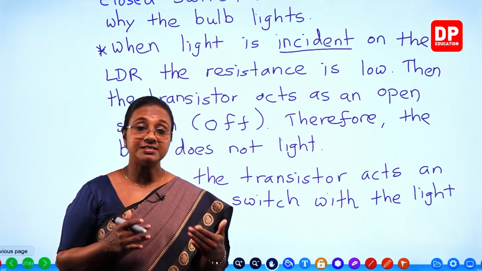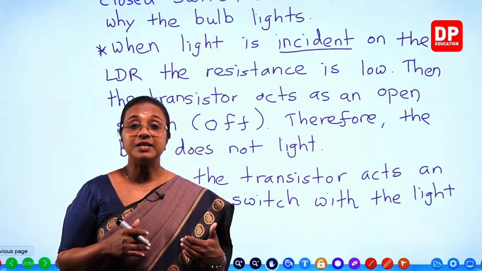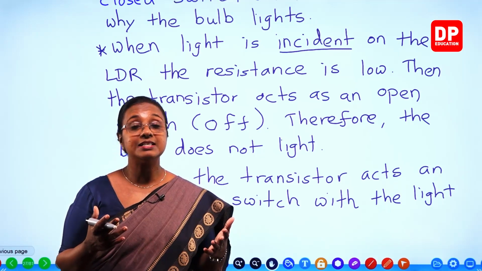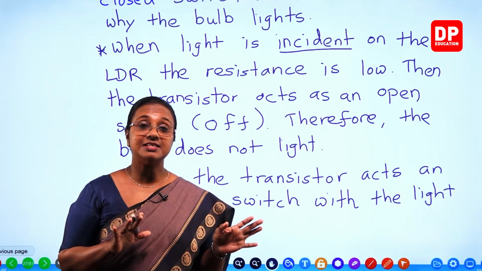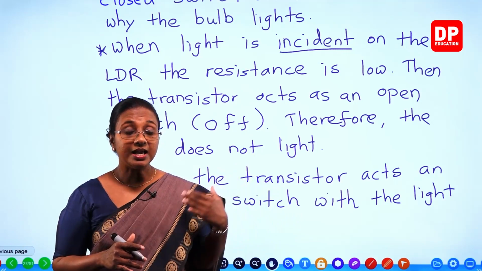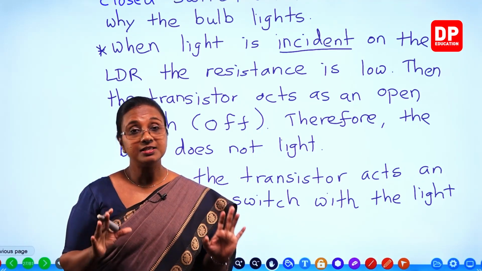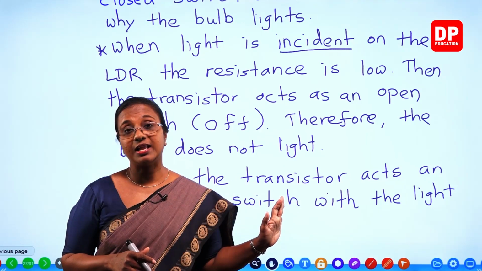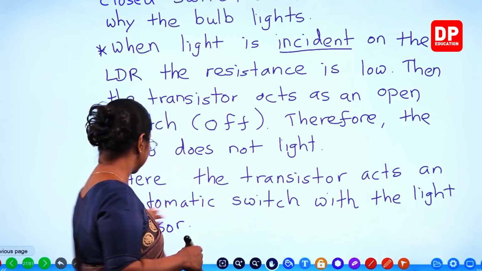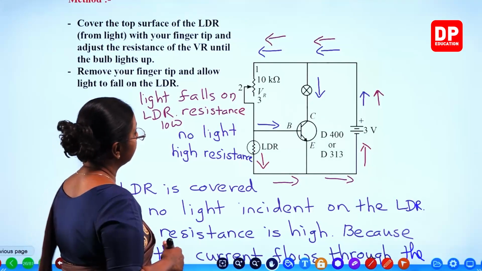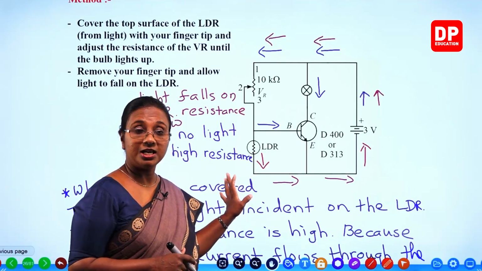So here the transistor acts as an automatic switch with a light sensor, and the light sensor is the LDR. When I explained the method to you all, I have already explained the function of the circuit. Just to have a look at that, I will go back to the previous slide. There you can see.